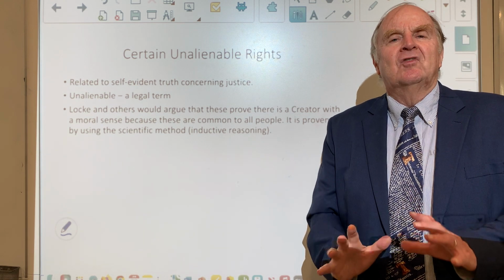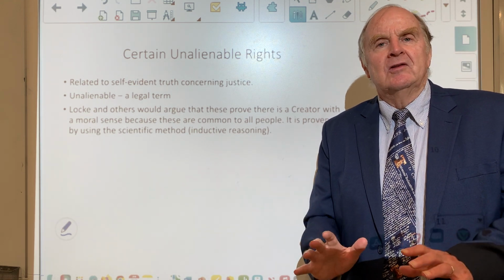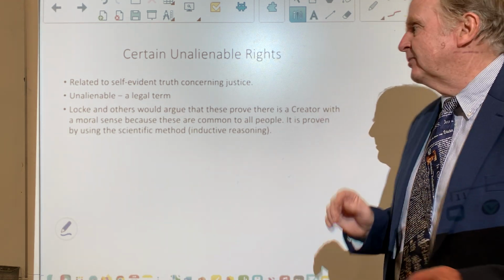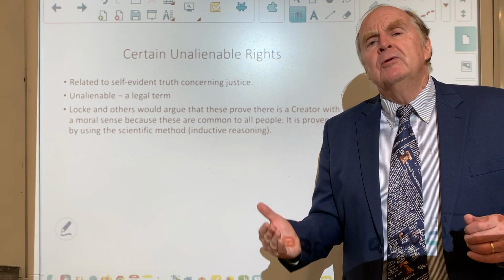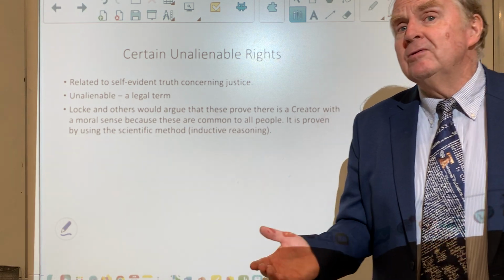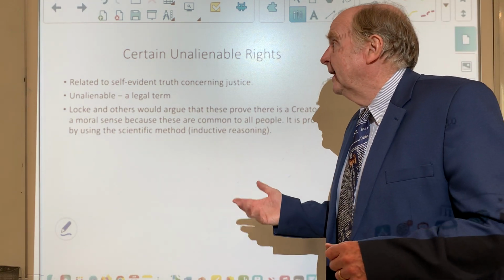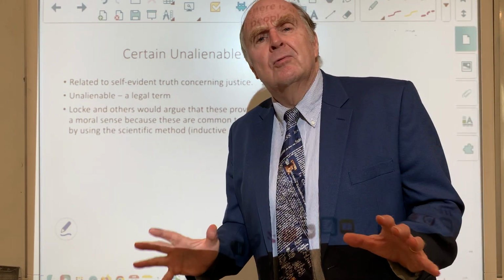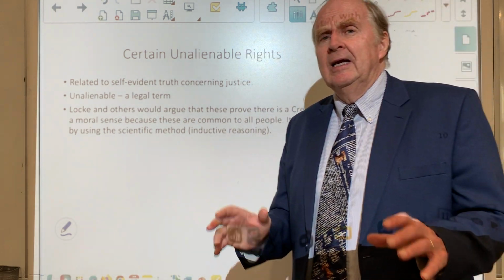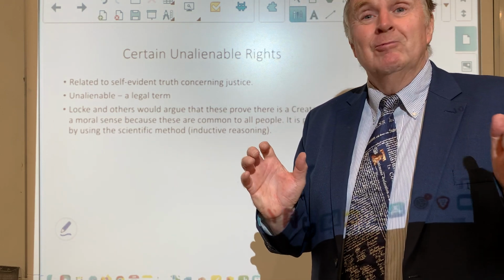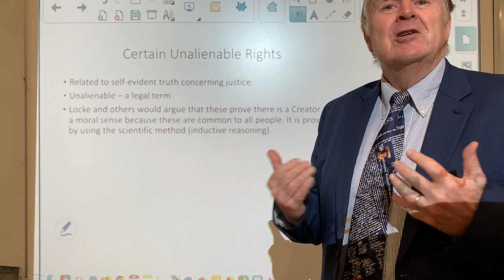Everybody has that sense of fairness, that sense of justice, that sense of wanting to be treated correctly. And also, it's proven using the scientific method, using inductive reasoning. And these three rights the Declaration of Independence mentions are really foundational to human nature.